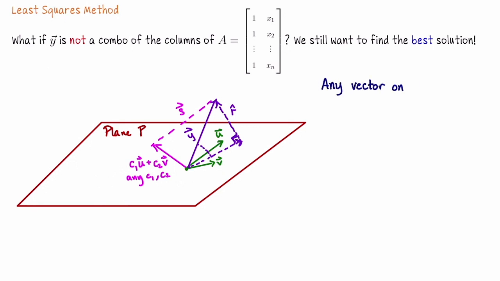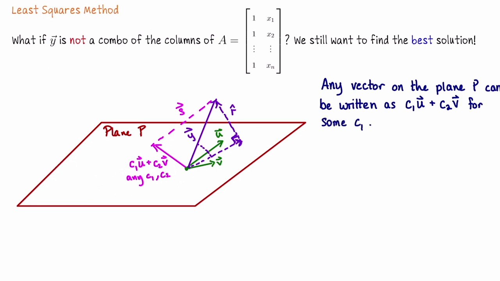Any vector on the plane can be written as c1u plus c2v for the right choice of coordinates c1 and c2, which, as we've seen, is equivalent to the matrix product A times the coordinate vector c1, c2.